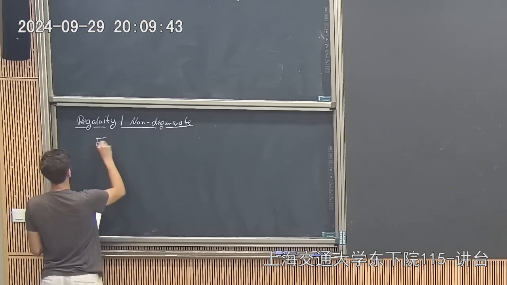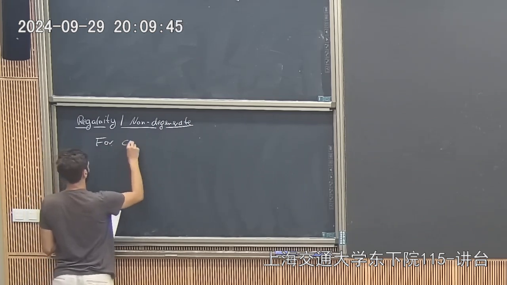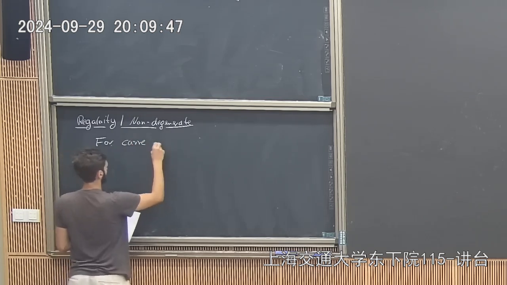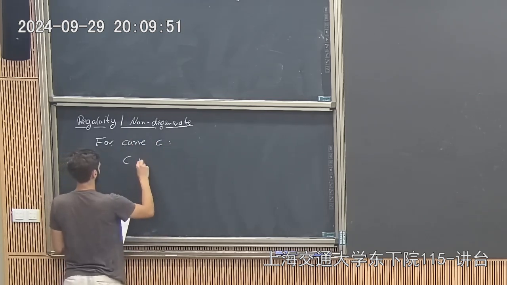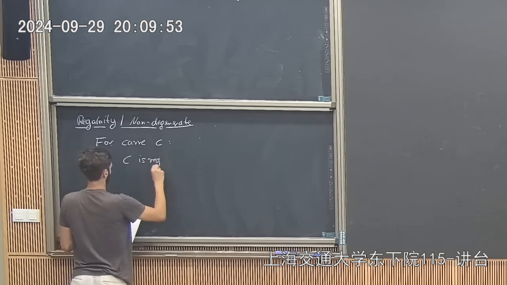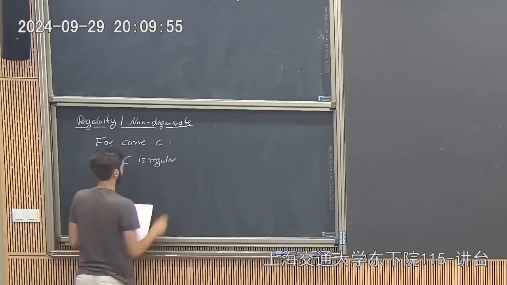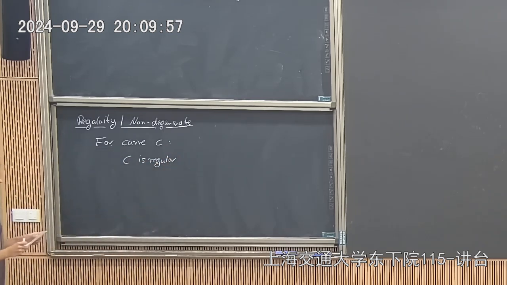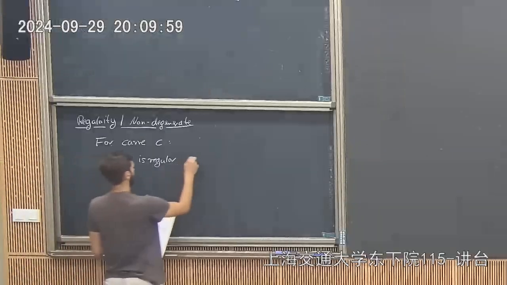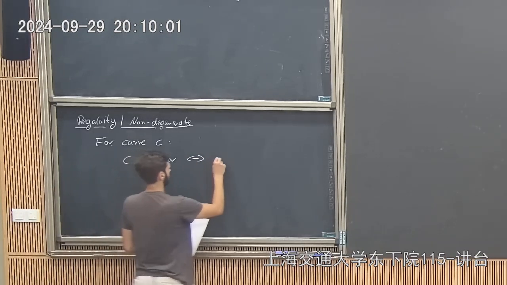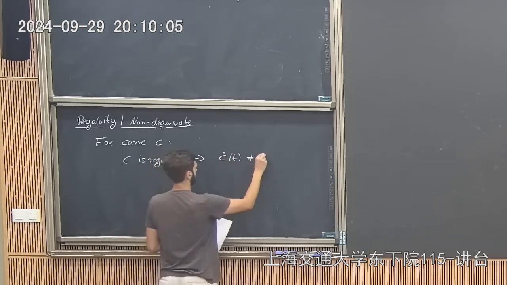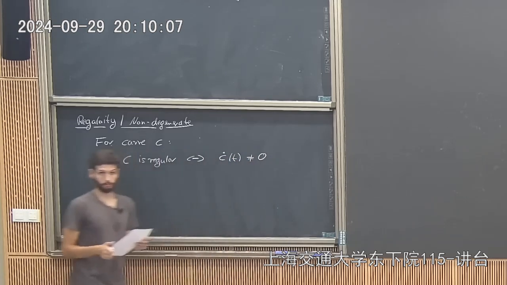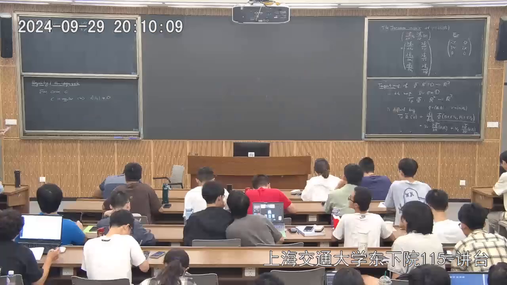So for a curve, let's take that as our starting point. We say that C is regular. Now the idea is to redefine that as something for the tangent map. First of all, we said that this means that C dot of t is never 0. So that was the definition, right?